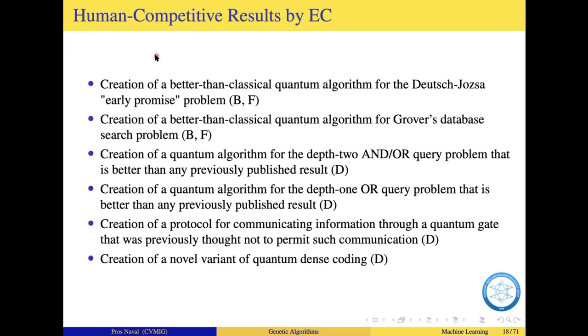As you know, quantum computing is increasingly becoming popular, and they've used genetic algorithms and other methods to design better than classical quantum algorithms for the Deutsch-Jozsa problem, for the Grover's database search problem, and so on.